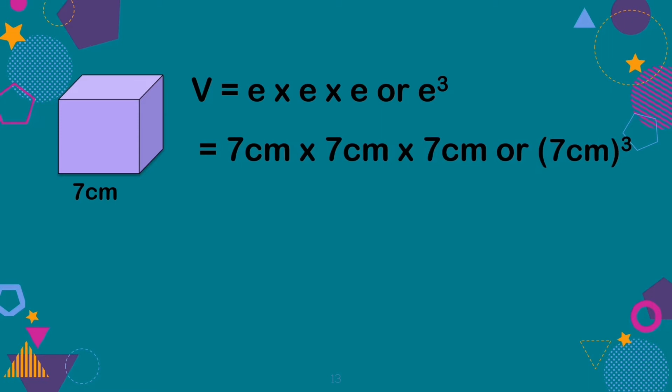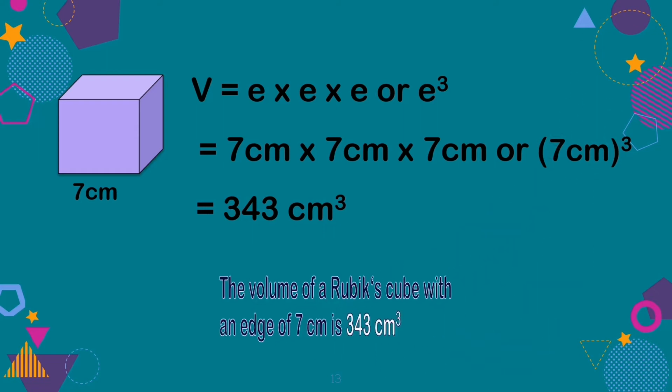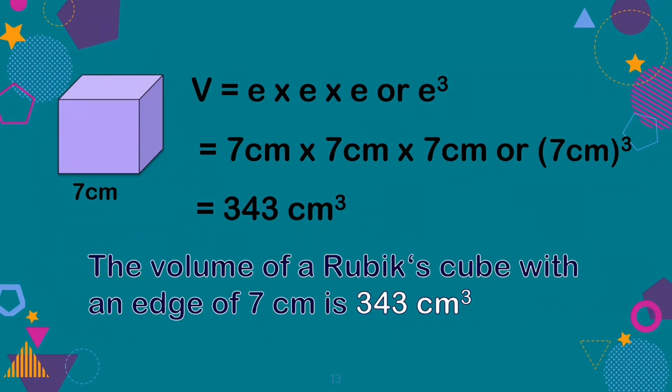So 7 cm times 7 cm times 7 cm, or 7 cm cube. 7 times 7 is 49 times 7 equals 343 cubic centimeter. So it means the volume of a Rubik's cube with an edge of 7 cm is 343 cubic centimeter.